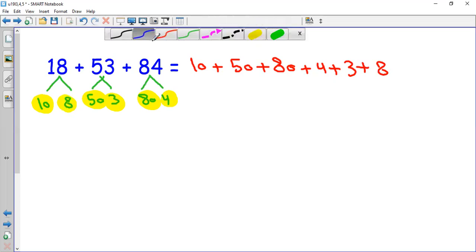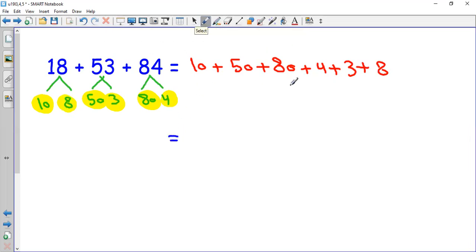If I look carefully here, I will not find any pairs that make 100 or any pairs that make 10. So I will add these multiples of 10 together. 10 plus 50 is 60. 60 plus 80 is 140, plus 4 plus 3 is 7. 7 plus 8 is equal to 15.